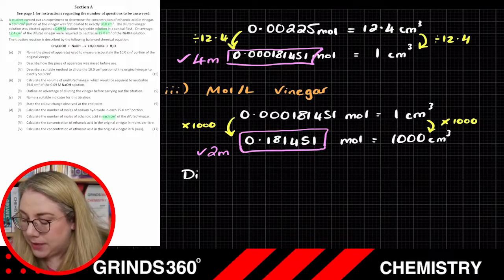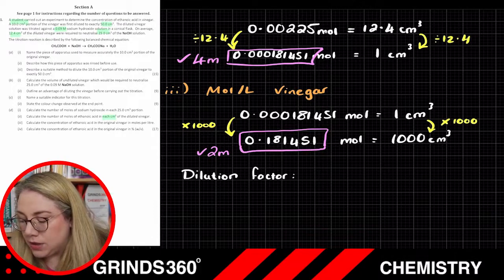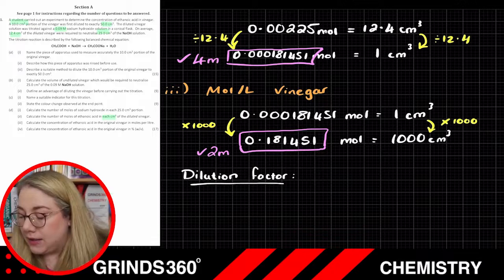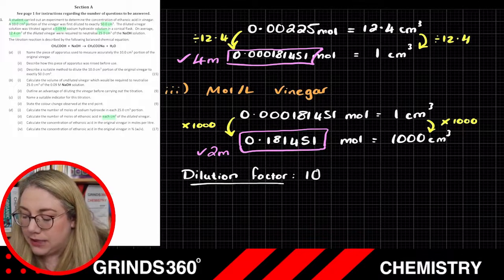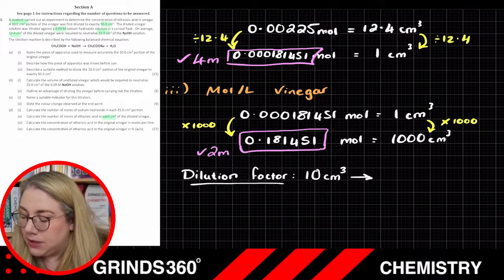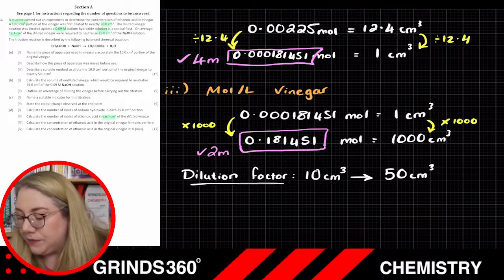Now during the experiment, you took the original vinegar and you added water to it. So we diluted it. And what the dilution factor is, you were told in the very beginning of the experiment: 10 centimetres cubed of the original vinegar was diluted up to 50 centimetres cubed.